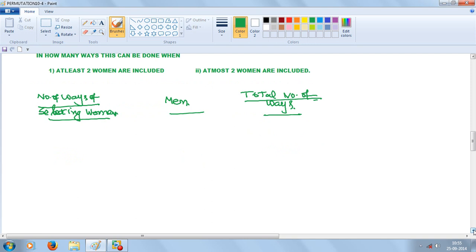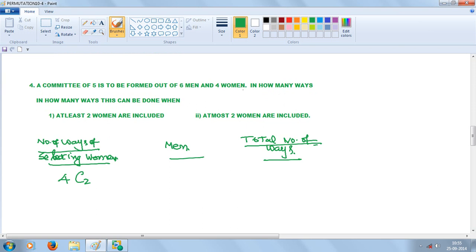So we will take the first portion. At least 2 means out of 4, 4 combination 2. So what does the problem say? How many ways can this be done when at least 2 women are included? 4C2, so there are 6. Then what about men for this combination?